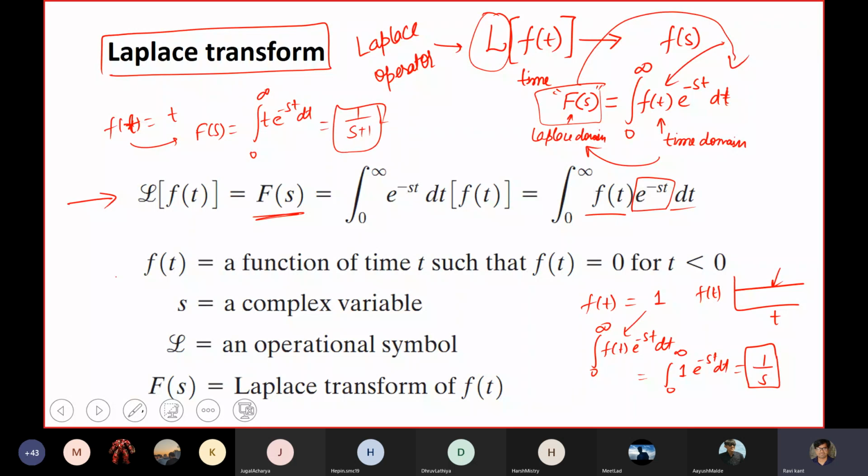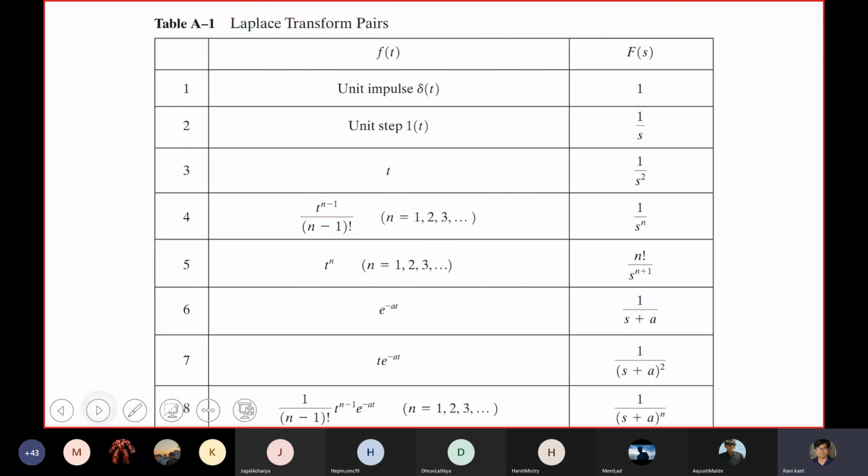In order to do that, we go to the textbooks and we see table number A1. All of you have the Ogata textbook, Modern Control Engineering. Go to the appendix, table 1. All your f(t)'s are converted to F(s), and there is a tabular chart that is being given.